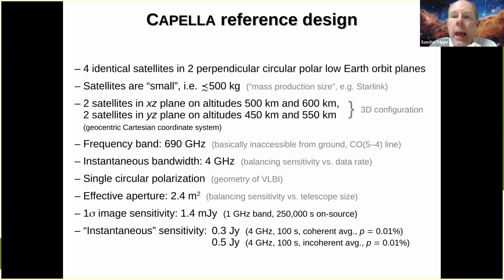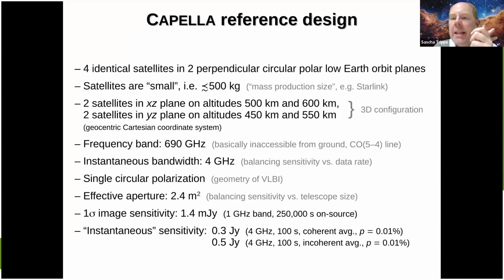Okay, so for the actual science observatory, what we call Capella, the idea was to have 4 identical satellites in 4 separate low Earth orbits, but in 2 perpendicular planes, polar planes in this case.